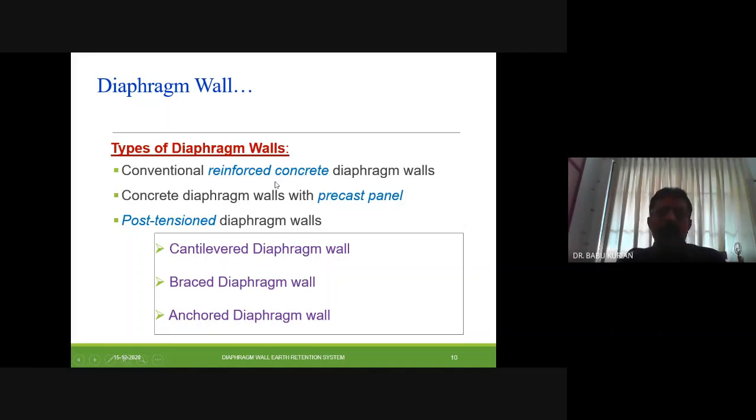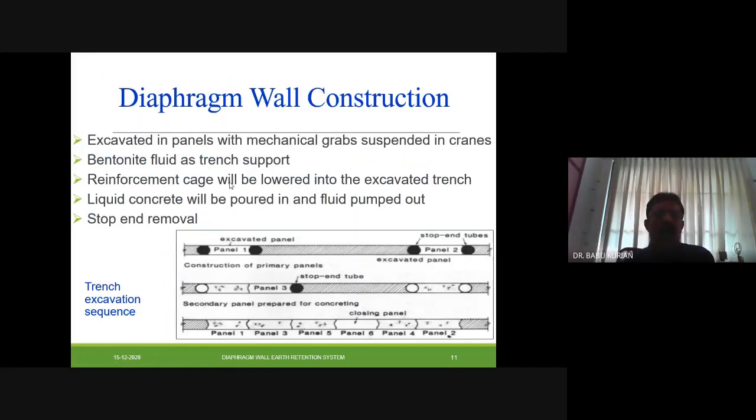According to the materials, we can classify diaphragm walls as reinforced concrete diaphragm walls, precast panel diaphragm walls, post-tensioned diaphragm walls, etc. Then, according to the type of structure, there is a cantilever diaphragm wall, a braced diaphragm wall, and an anchored diaphragm wall. This is according to structure, and the earlier one is according to the material. These are the types or classification of diaphragm walls.